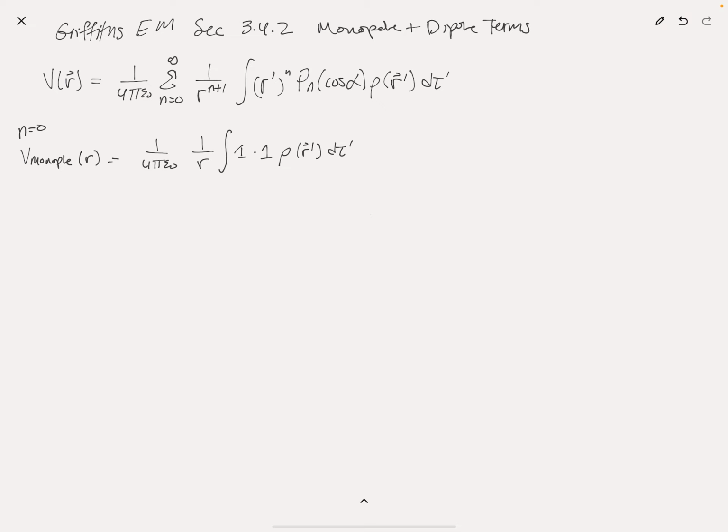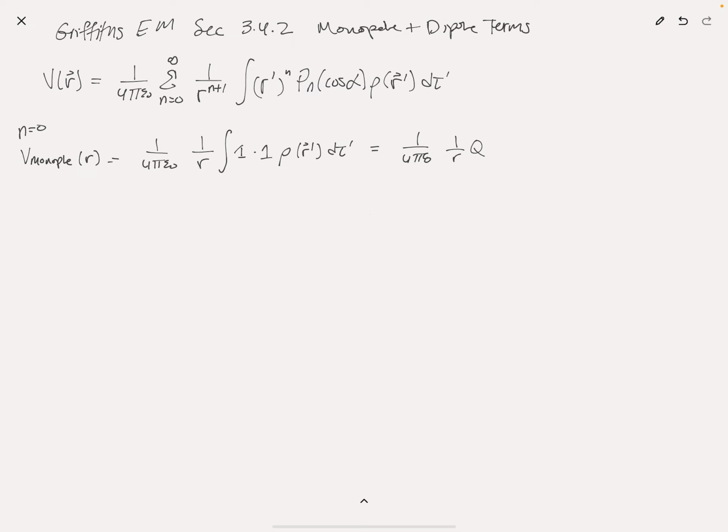Well, 1 times 1 is 1. That doesn't matter. I'm integrating over all the charges, which is the total charge. 1 over 4 pi epsilon naught, 1 over r times the total charge. So that's the monopole term, and that's something I feel like we're familiar with intuitively because we've looked at potentials from single charges that have charge q.